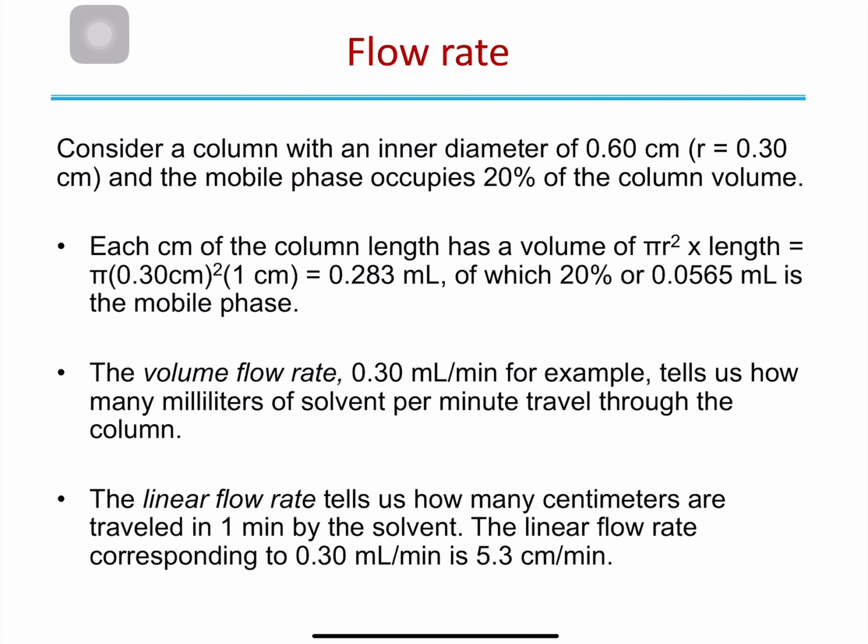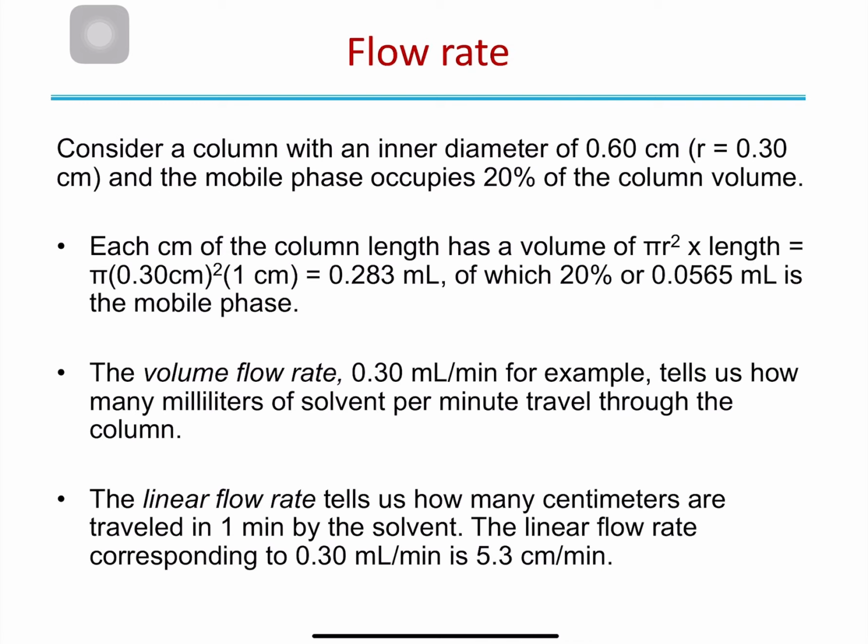So if we consider a column with an inner diameter of 0.6 centimeter, the radius will be 0.3 centimeter, and the mobile phase occupies 20% of the column volume, because the column will also contain the stationary phase. So the mobile phase will occupy only a certain volume of that column.